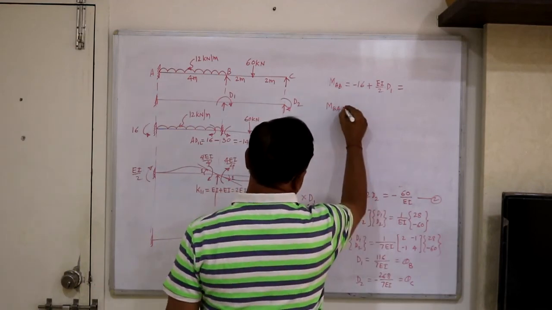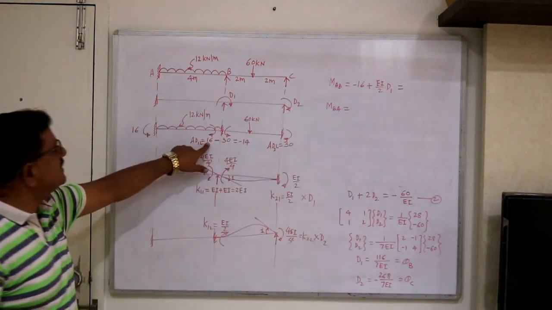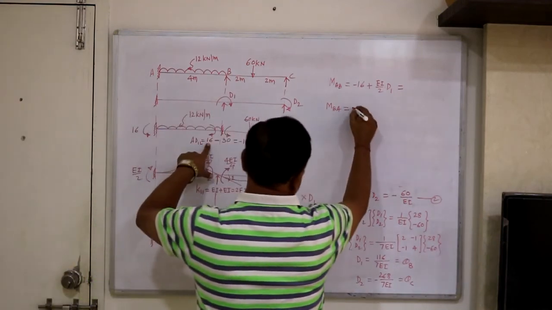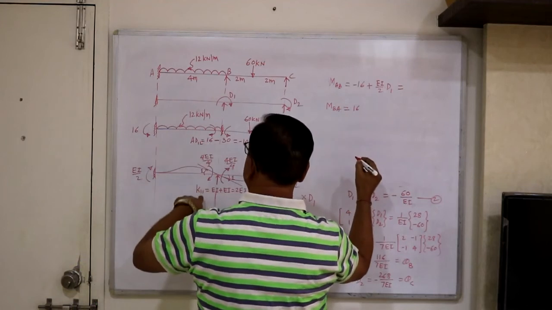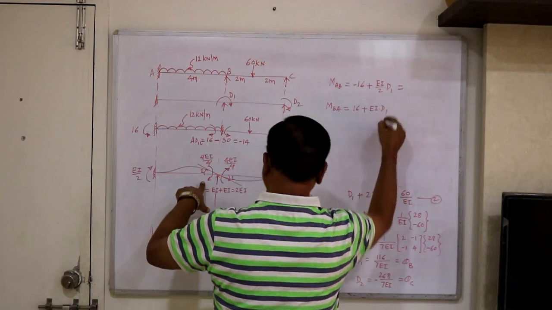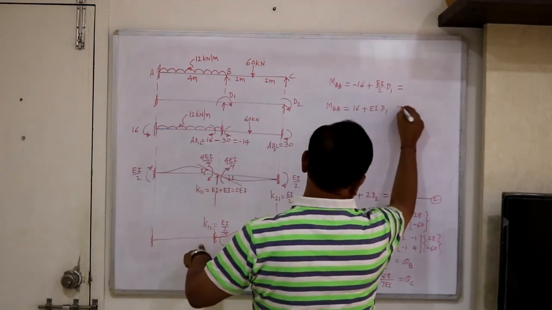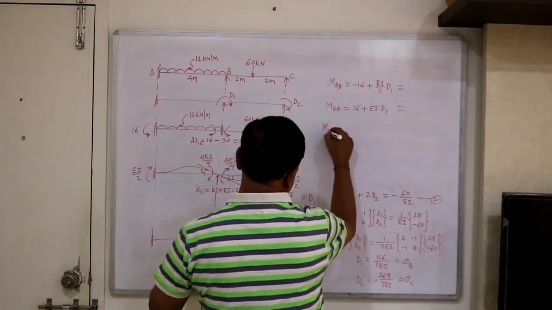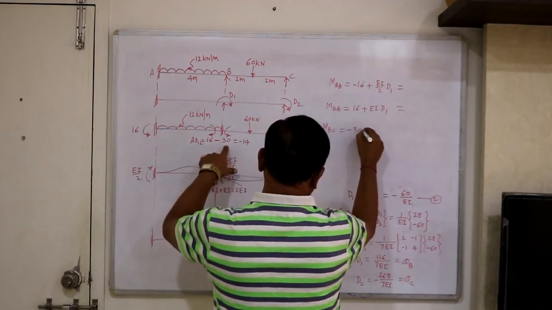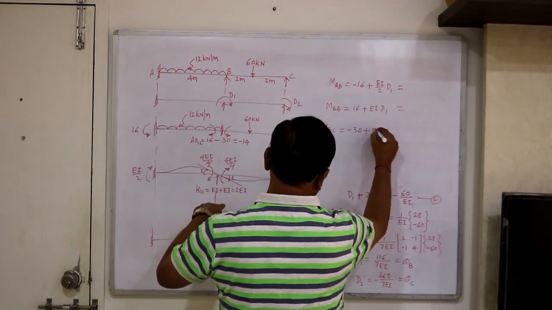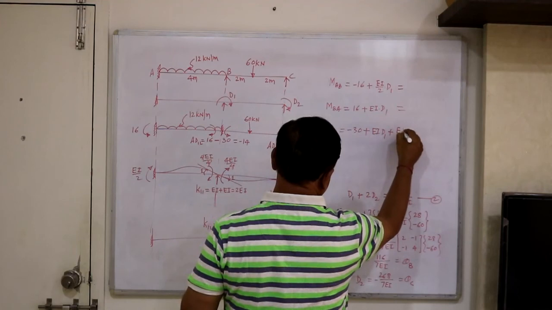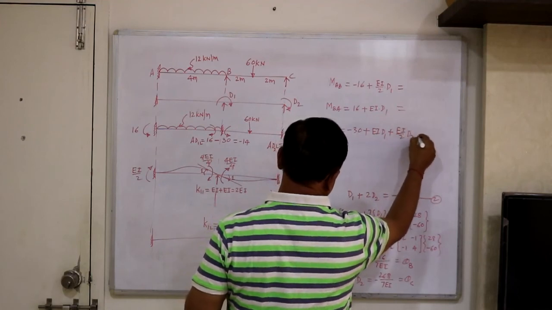So MBA equal to, now this is plus 60. So left of B, this is plus 16. Then this is EI plus EI D1 and nothing else. Or if you want MBC equal to minus 30 plus EI D1 plus EI by 2 D2.